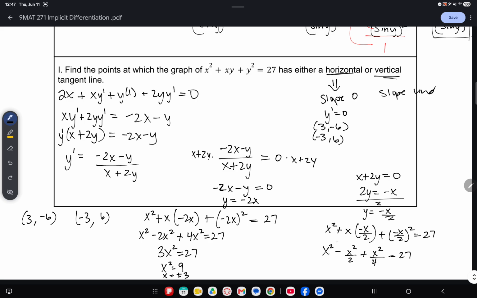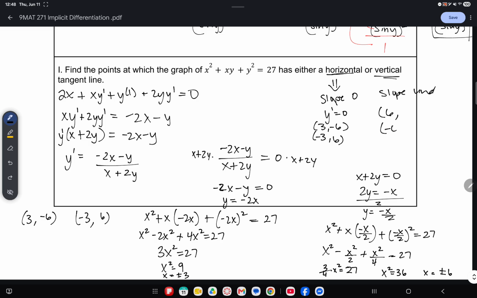Let's see what happens here. We got 1 minus 1/2, so that's a half. So 2/4. 2/4 plus 1/4 is 3/4. So 3/4 x squared is 27. Then I would have to multiply by 4/3. 9 times 4 is 36, so we'd have x squared is 36, which means x is going to be plus and minus 6.